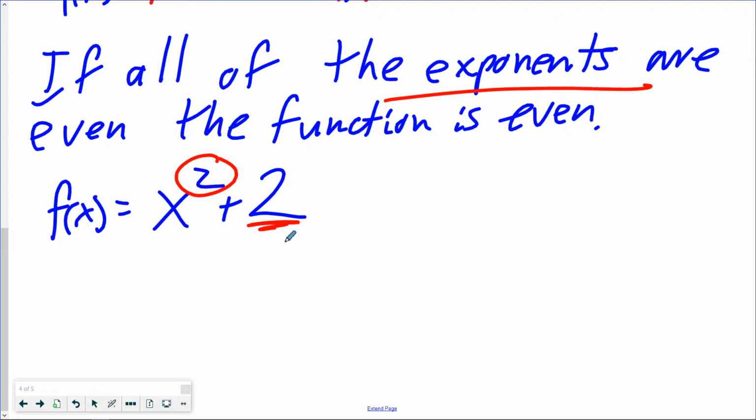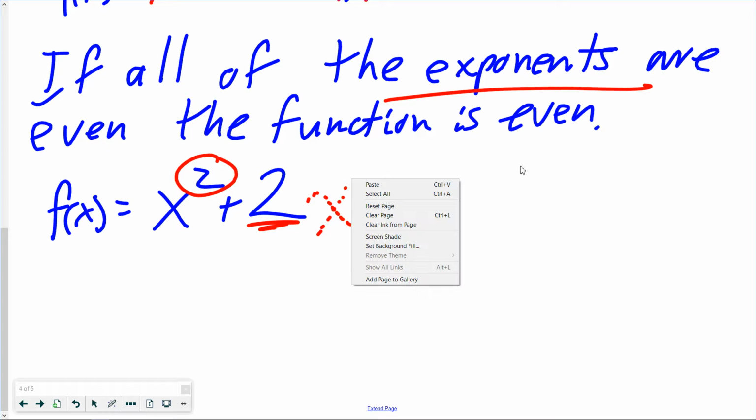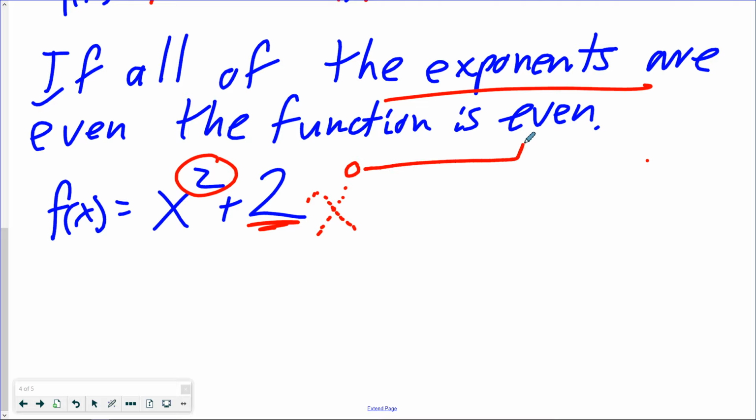There's an invisible x, okay, and it has an invisible exponent. This invisible exponent is 0. So if there is no variable, it's an invisible variable with a 0. 0 is an even number. So numbers by themselves count as even.